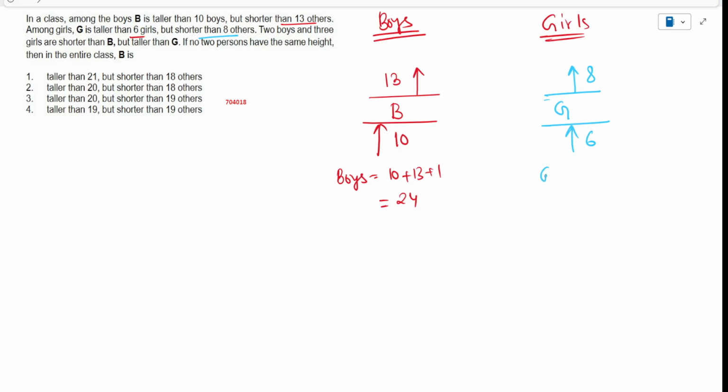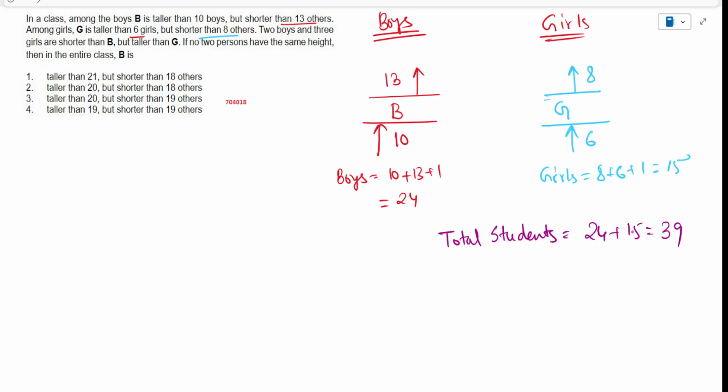So total number of girls is 8 plus 6 plus 1, which is 15. So total number of students, how many? Total students 24 plus 15, 39.